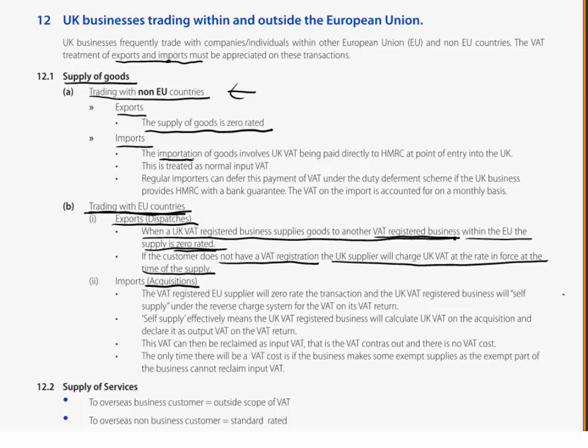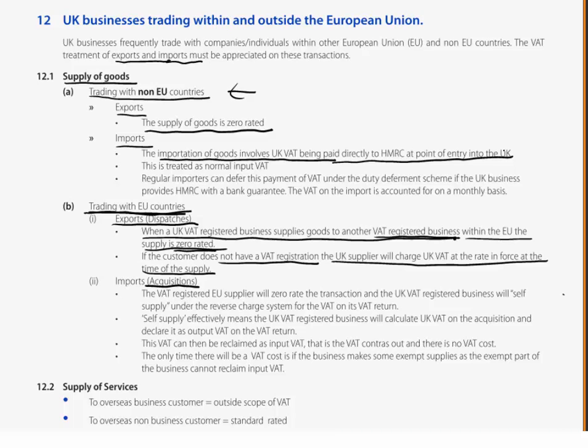Right, the importation of goods involves UK VAT being paid directly to HMRC at the point of entry into the UK.